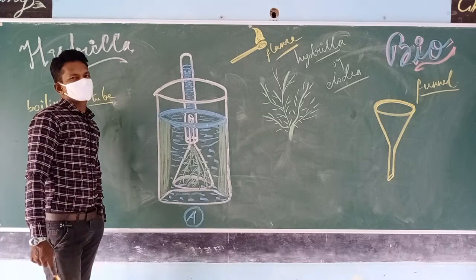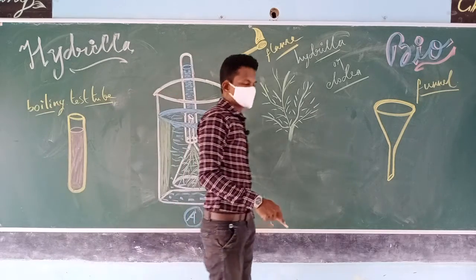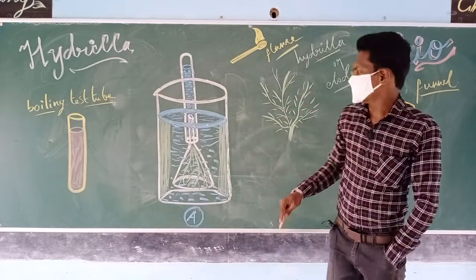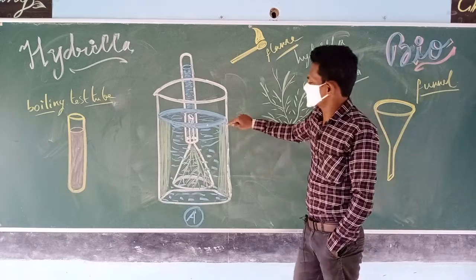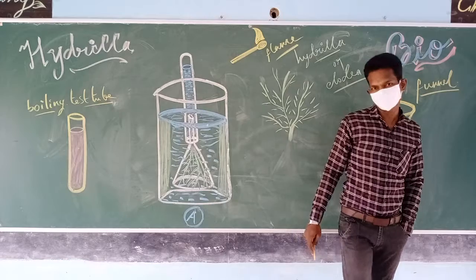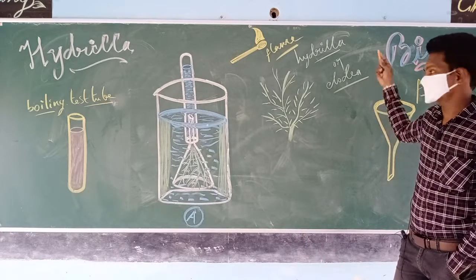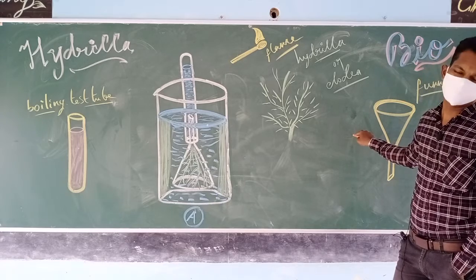That is proof that in the presence of sunlight photosynthesis takes place. At the end of photosynthesis, oxygen gas is liberated in the form of bubbles. But in setup B, this is absent because sunlight is not provided to it.